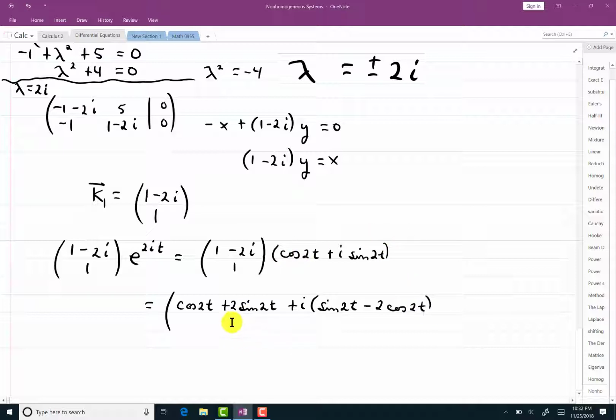And then in the second row, I'll get cosine of 2t plus i sine of 2t.